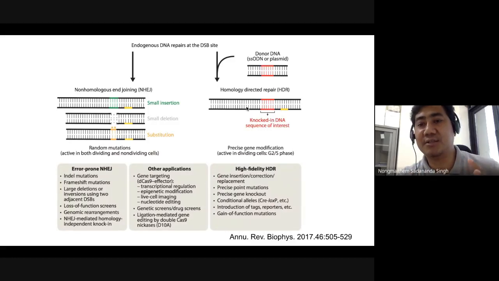When there is no cut, this is not going to be activated. But once you have double cuts, it activates NHEJ as well as HDR. So it increases recombination at a particular site.